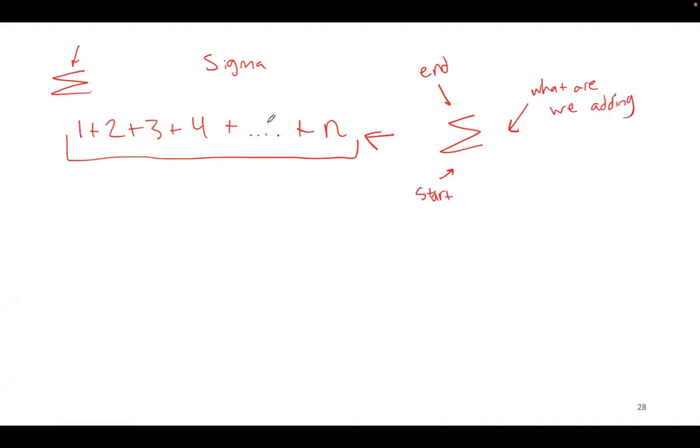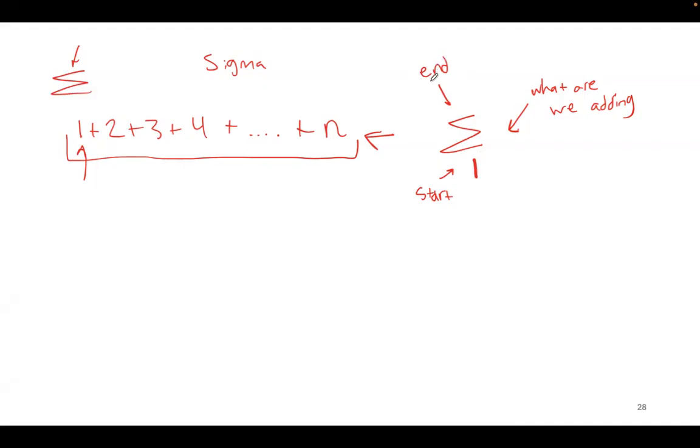And so the way that we express this thing of 1 plus 2 plus 3 and so on is we start at where? Where do we start counting? 1, right? Yeah, that's the first number. So we start at 1, and then where do we end?